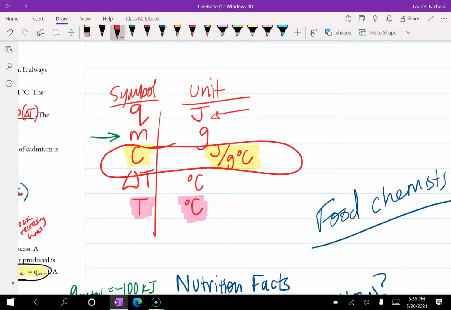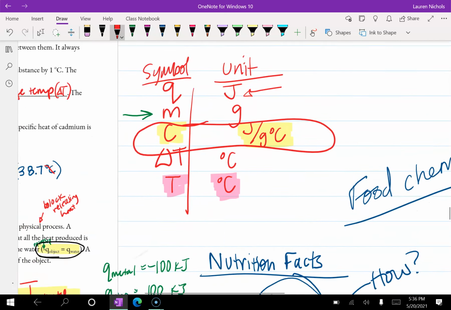C is supposed to have units of joules per gram degrees Celsius.